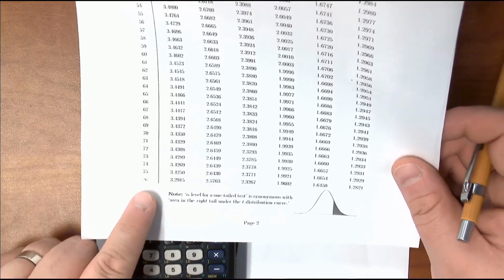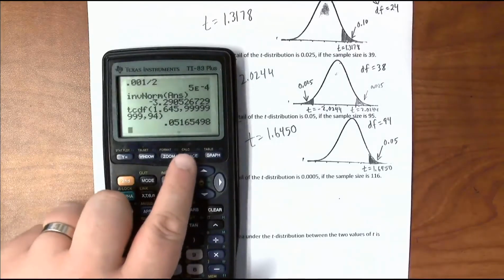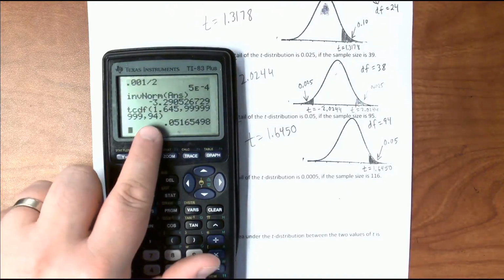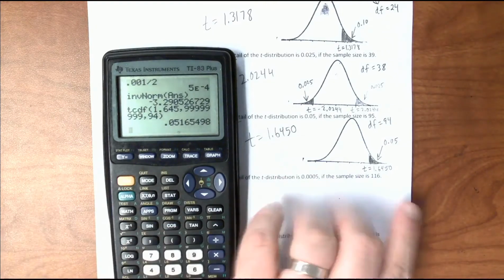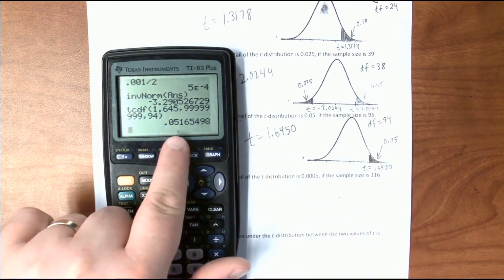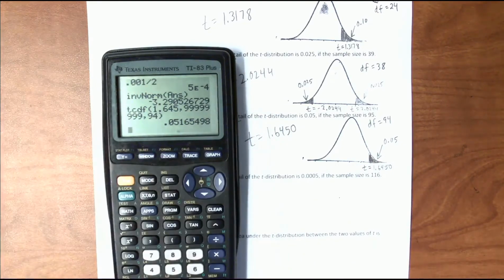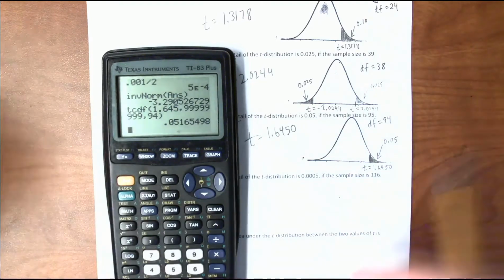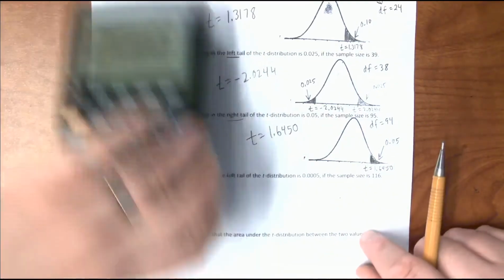Here, the calculator is actually using degrees of freedom 94. So whereas the answer is very close here, we should have gotten 5% exactly. We got a little bit over 5%. Really no way around that, and that's just a discrepancy between the chart and the calculator.